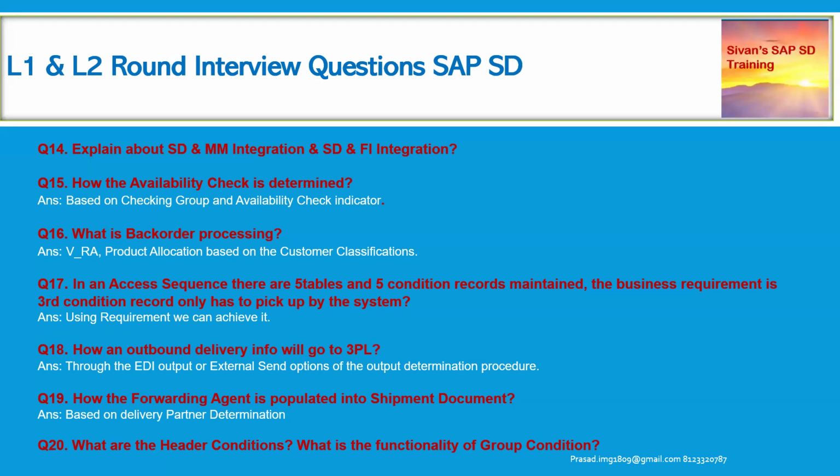And then all financial related activities, like maintaining the GL accounts, especially the reconciliation account while creating the customer master data, and then the tax determination, and then the pricing procedure, where we maintain the account key for each and every pricing condition type. That is an integration part between SD and FI. And also when we do the revenue account determination from our end, we integrate with the FI team. Like this, we need to explain.